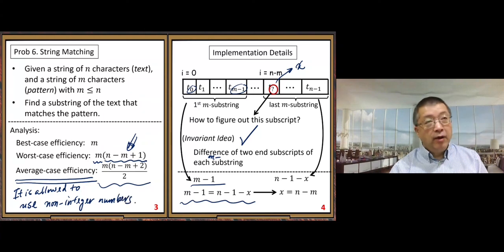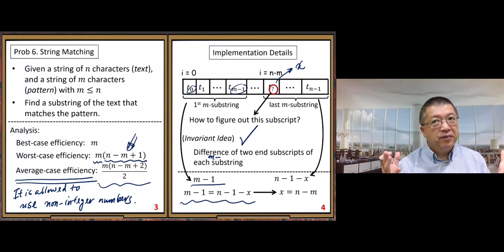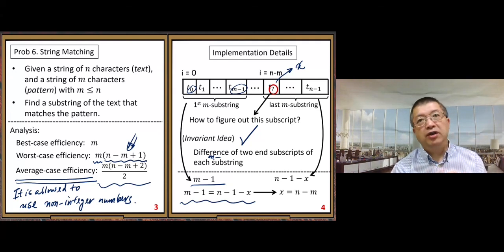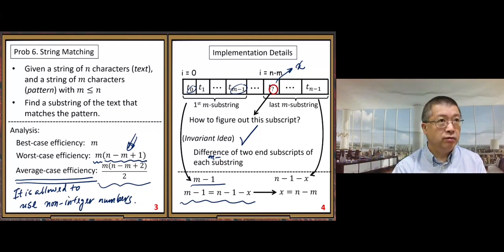Because I notice many students, when I ask them for average case efficiency and they get a fractional number, they drop the fractional part. They just give me the integer answer. Not necessary, because when you do an average, we expect to get a non-integer number. It's very common, very normal, so do not drop the fractional part. Keep it.